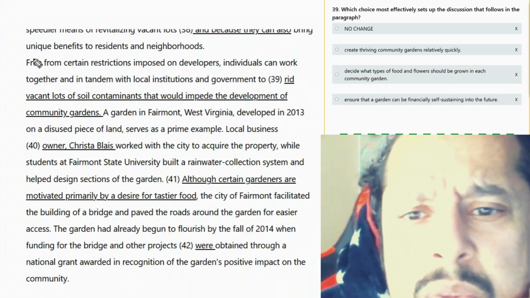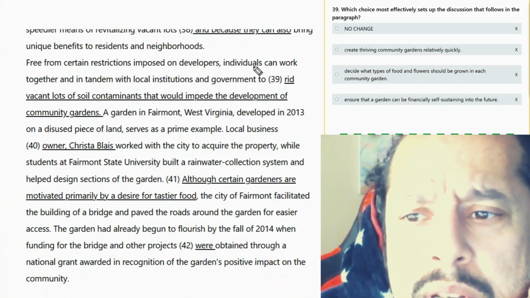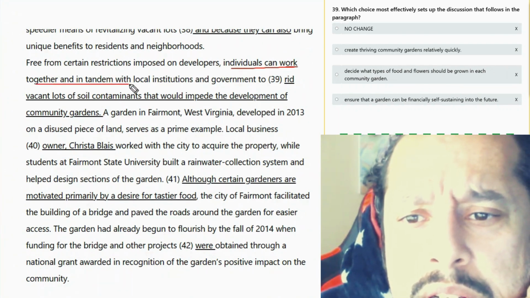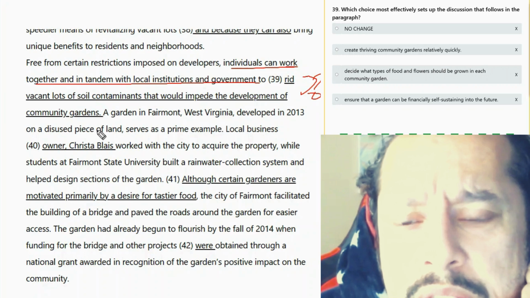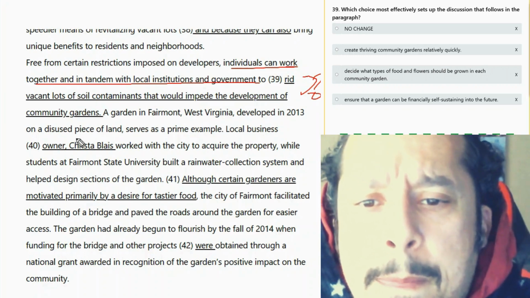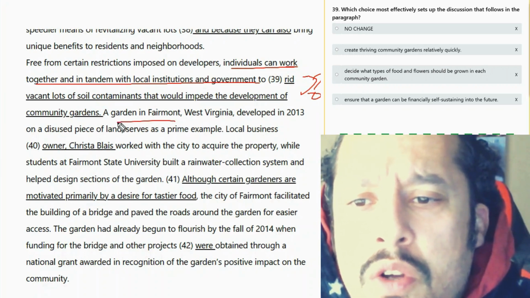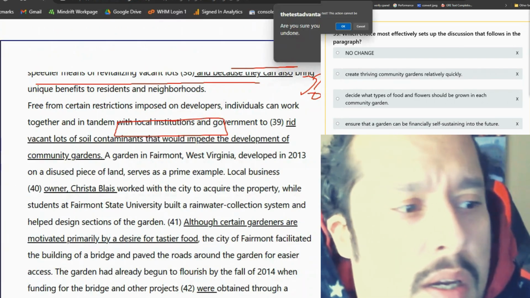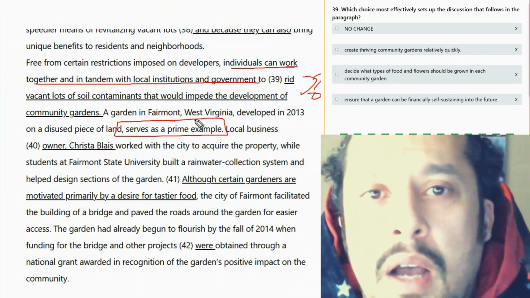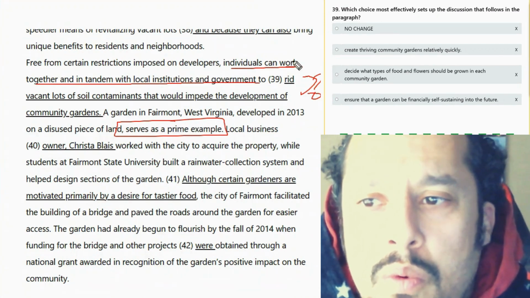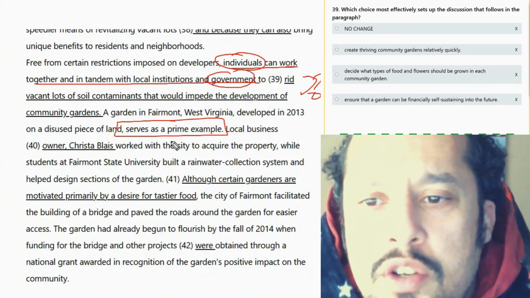Let's see. Individuals can work together and in tandem with local institutions and governments too. Okay. So they're working together. So they work together to make a lot or a garden. So the individuals and the government work together عشان يعملوا garden.